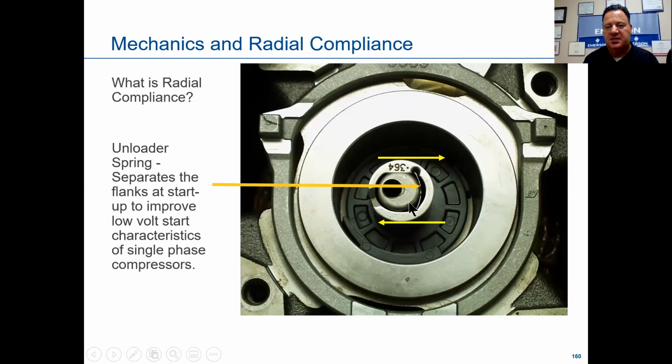It almost looks like the letter D. And that allows it, as you can tell by the arrows, to move left or right. So it almost acts as a spring. So it's much more tolerant than, let's say, a reciprocating compressor is. It doesn't mean it will take liquid refrigerant, by no means, but it does help tolerate it quite a bit if in fact it gets inside there.